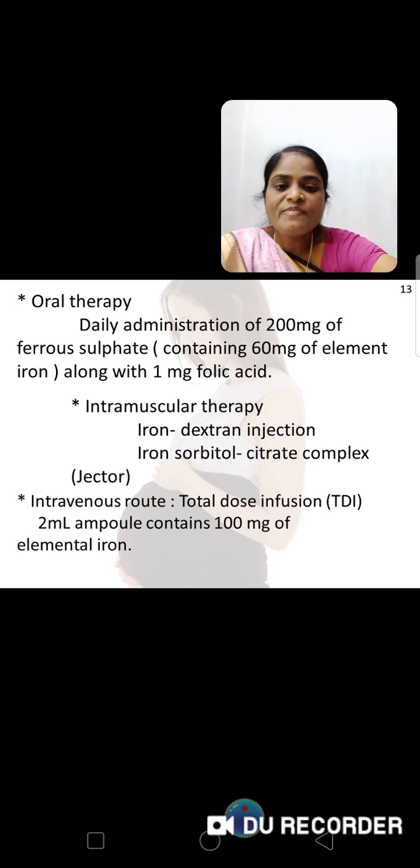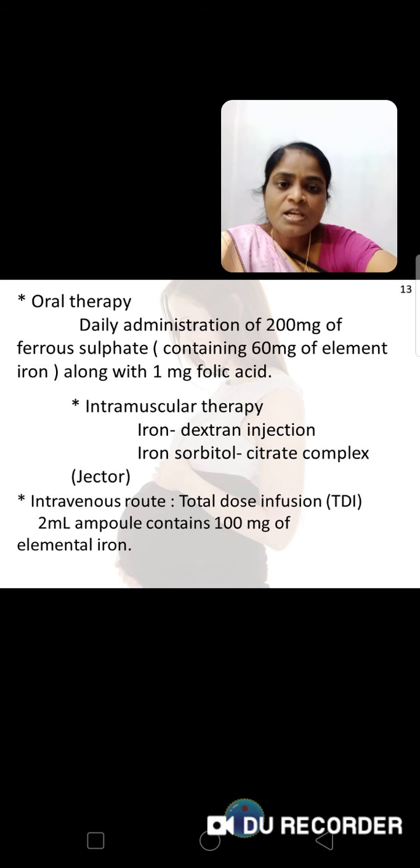And next is the intravenous route, the total dose infusion, that is TDI. Here the ampule is 2 ml or 5 ml. 1 ml has 50 milligram of elemental iron, and 2 ml has 100 milligram, up to 5 ml of iron sucrose injection, infused with saline, and we infuse it intravenously.